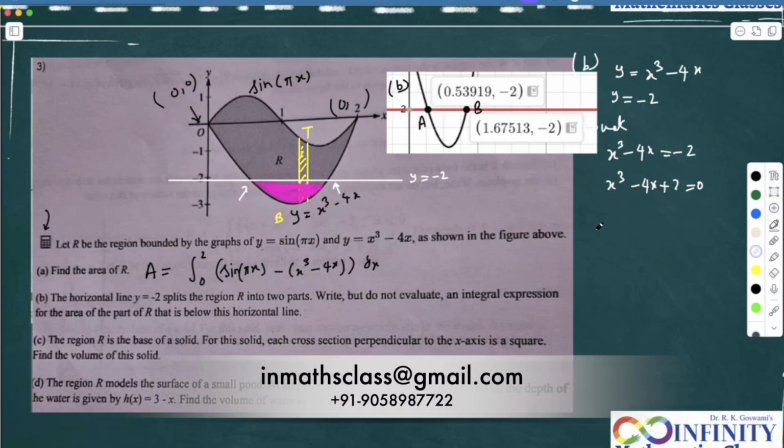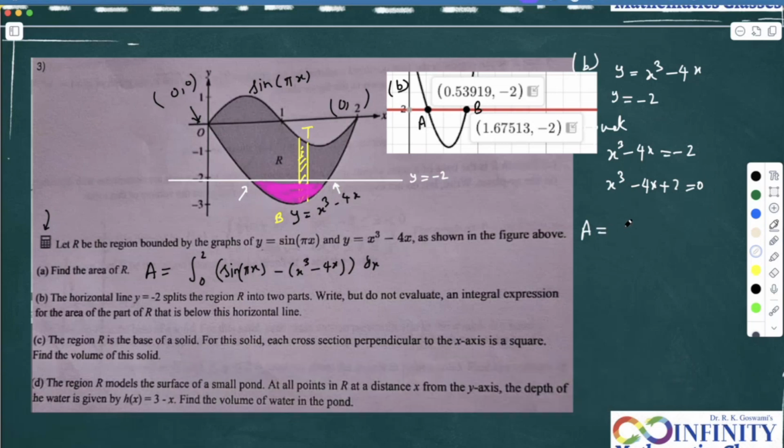Okay, what is going to be the area there? What is the value of x at A? It is 0.539. What is the value of x at B? It is 1.675. What is the top curve?